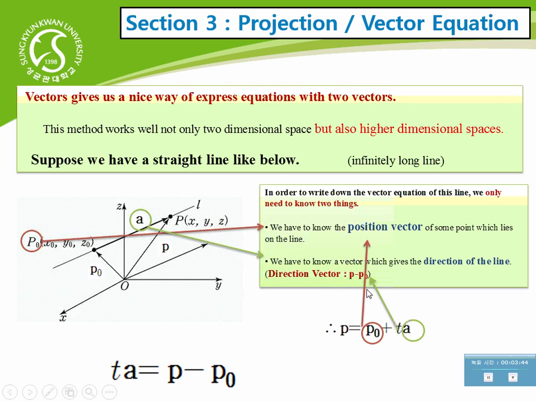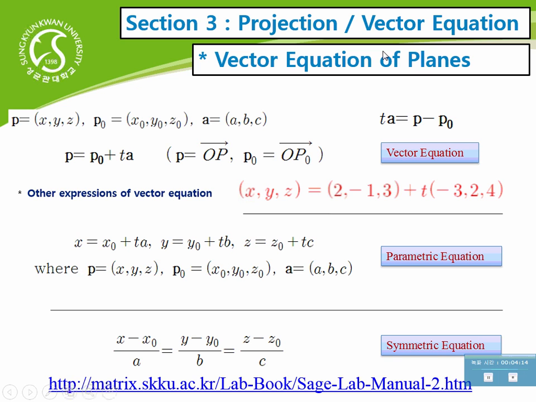The important things in this equation are the position vector and the direction vector. If you have a position vector P0 and a direction vector A, you can always write the vector equation of the line that passes through P0 in that direction.